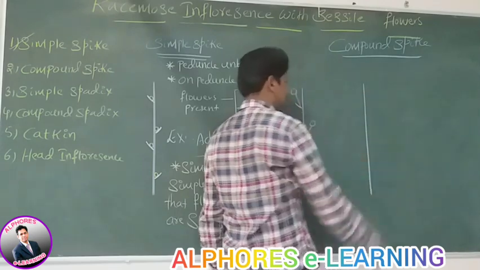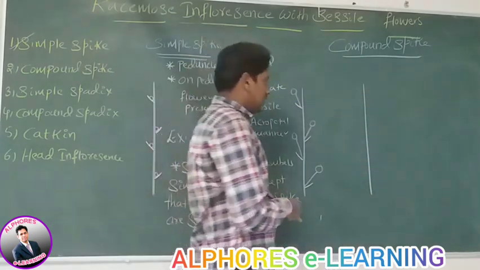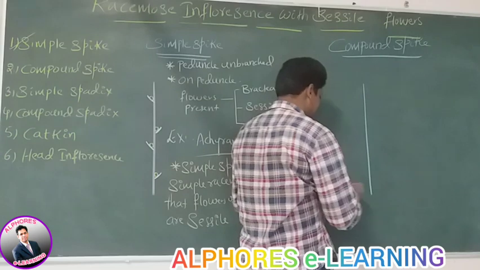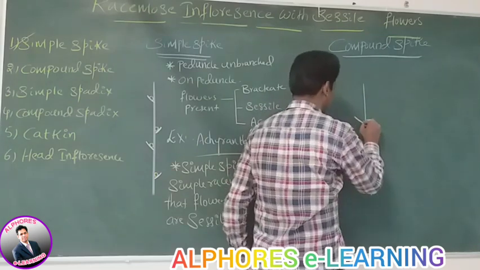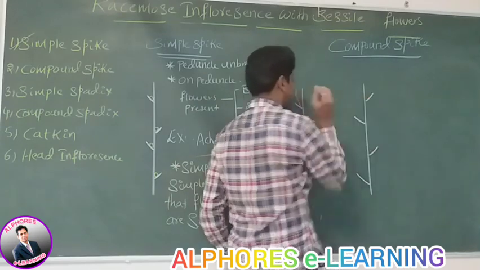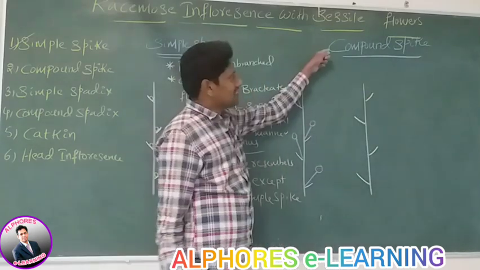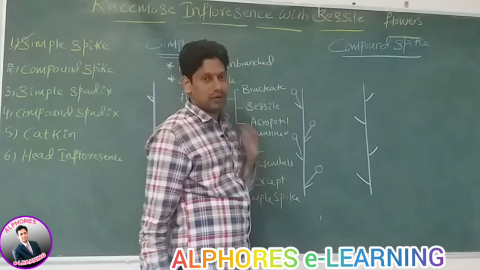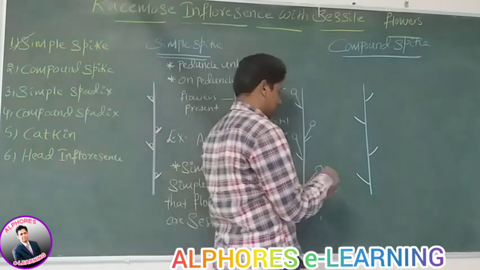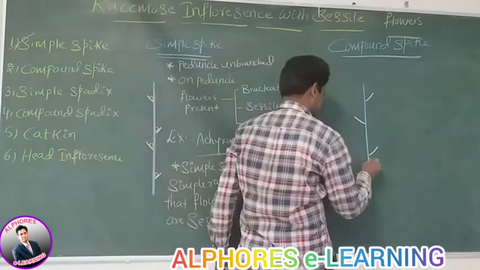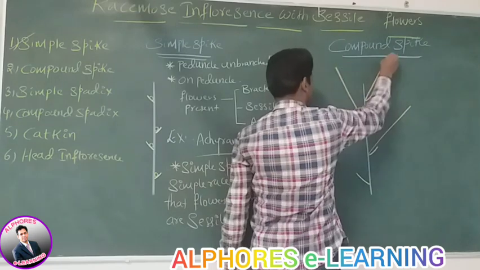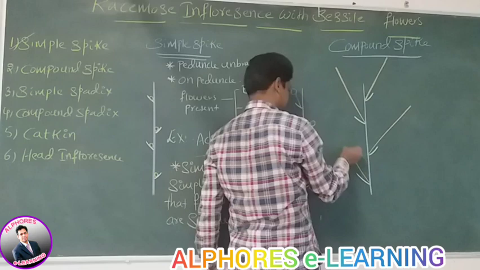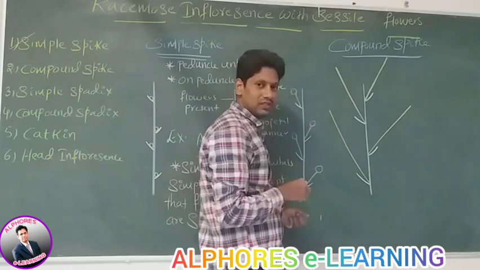Sir, this is a peduncle, right? On peduncle, bracts are present. Sir, we are discussing simple or compound? Compound. It means what should come? Branch. So, peduncle should be branched. All these are branches.